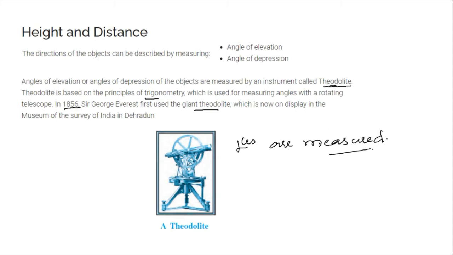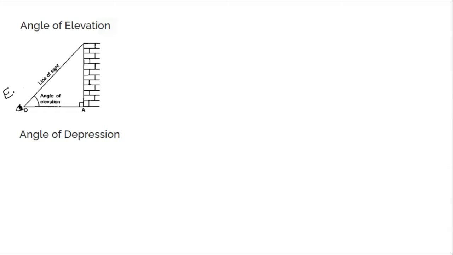What type of angles are measured? There are two important types of angles. One is the angle of elevation, the other is the angle of depression. Look at this figure. If an object is placed over here, the person is seeing the object which is there on the wall.